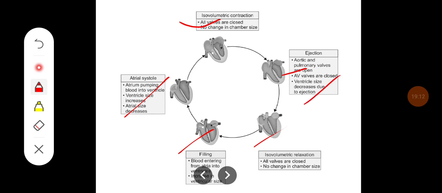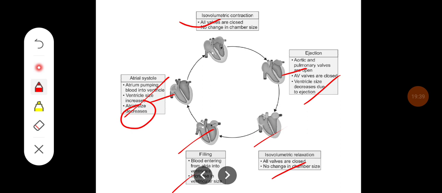During isovolumetric relaxation, again all valves are closed, so there is no significant change in the chamber size. But during filling, because the blood enters from the atria into the ventricles, there is an increase in the ventricular size. And during atrial systole, the ventricular size increases further, and simultaneously the atrial size decreases.